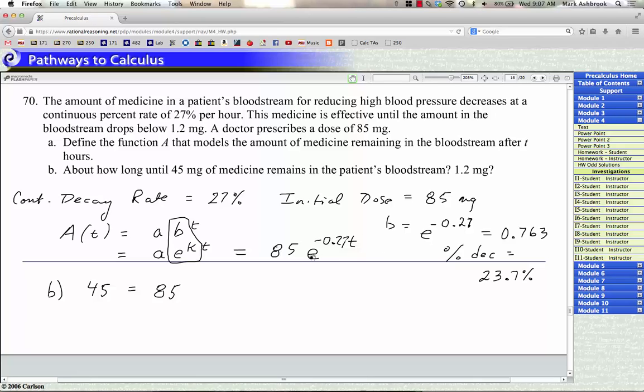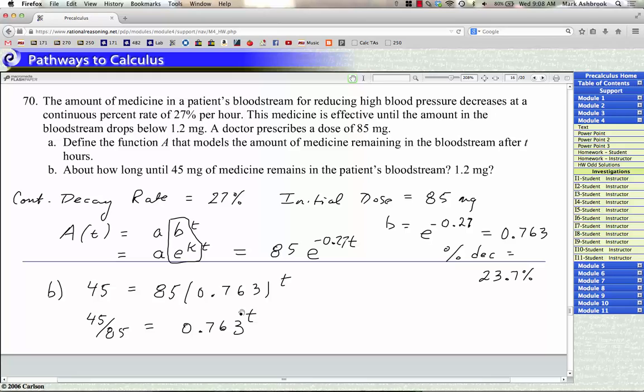We could write it this way and solve for t, or we've got b now, so let's just use that, 0.763, because that is e to the negative 0.27 to the t. It's the exact same thing, because that part right there is the 0.763. So 45 divided by 85 equals 0.763 to the t, and this is the number of hours that will get us down to 45 milligrams remaining.